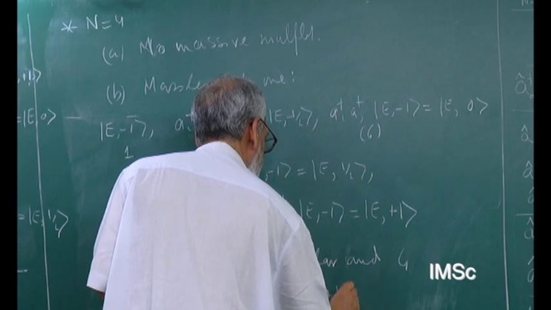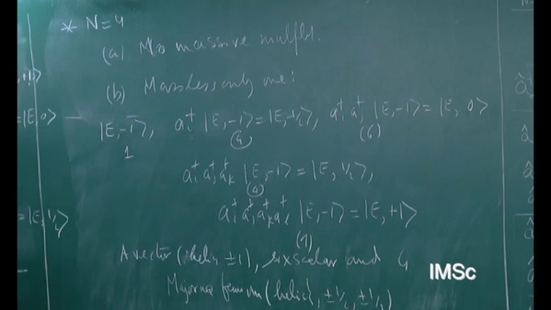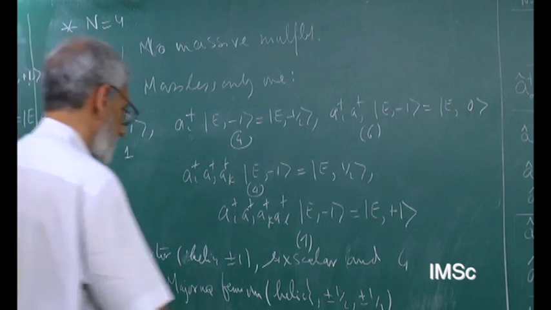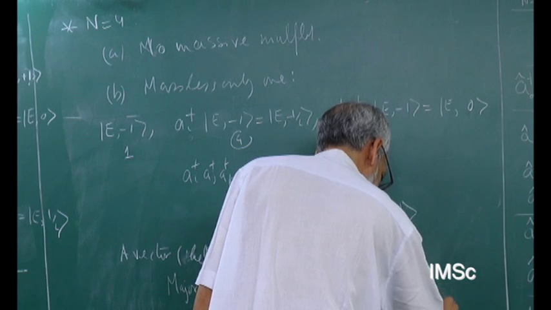Helicity plus minus half, and 4 of them, so 8 states with plus minus half.